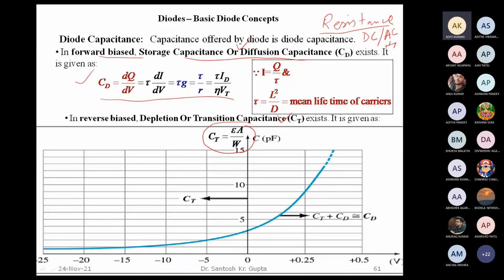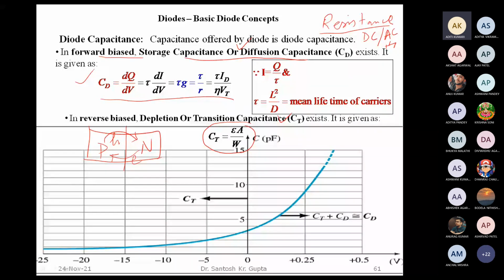In the earlier lecture we tried to understand qualitatively from where the diffusion capacitance comes into the picture. There we have seen that in the PN junction we see a huge injection of charge carriers from the P side to the N side and from the N side to the P side also, holes and electrons respectively.